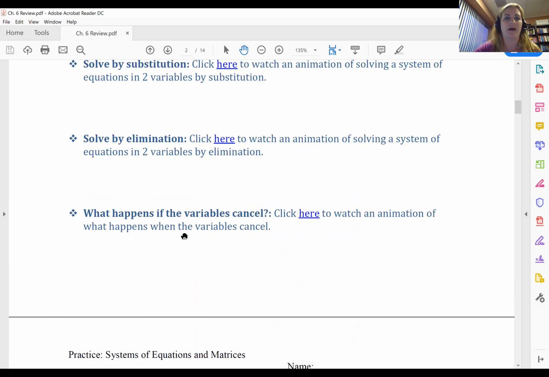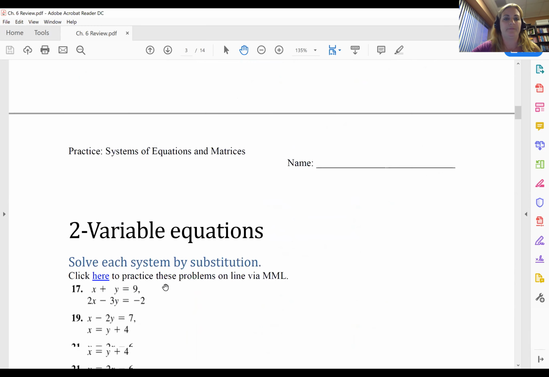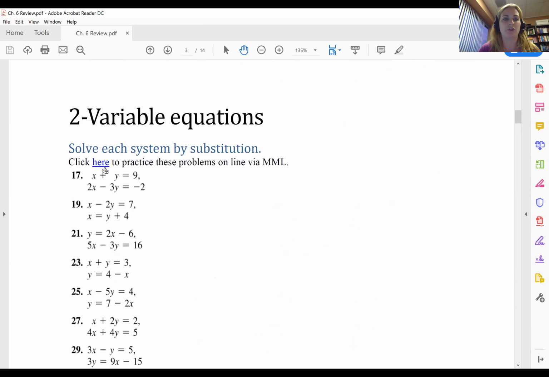So here we've got some examples. When we get to the two variable equations, you can click the link in the document to practice the solutions online via My Math Lab. So this is kind of like working on your study plan in My Math Lab. You can actually use these links to go to those particular types of questions and practice them online.